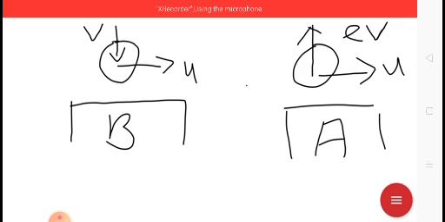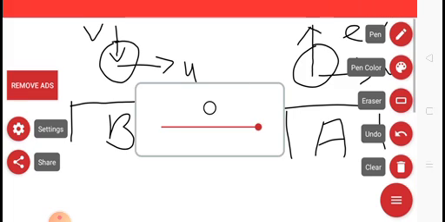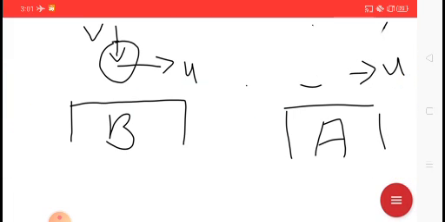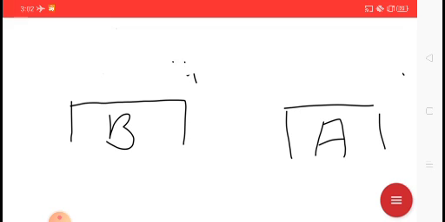Now I will change the component a bit. Still the same before and after.